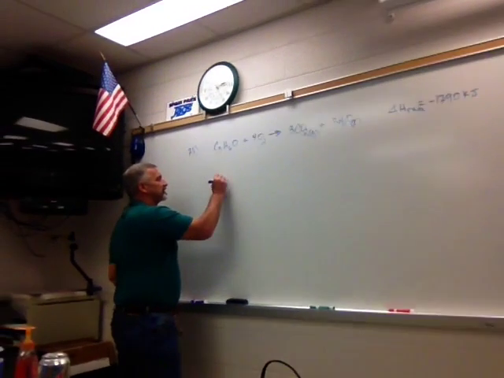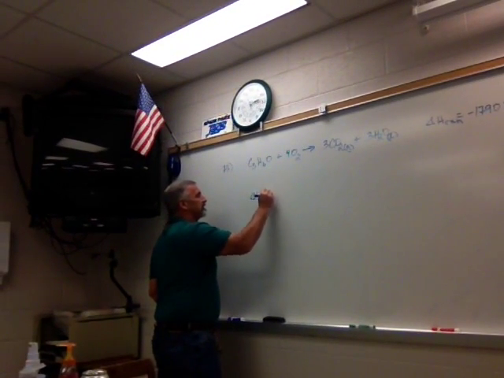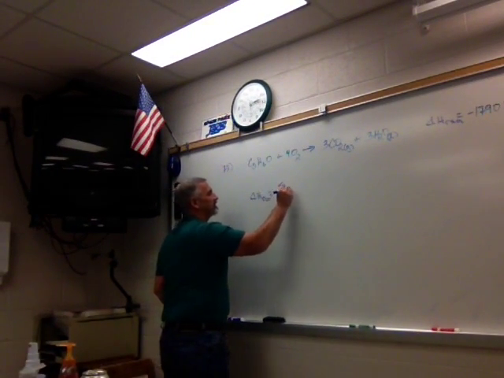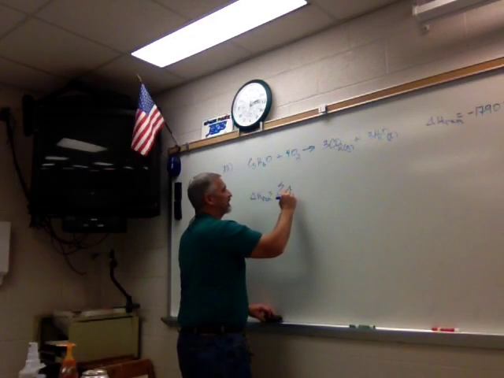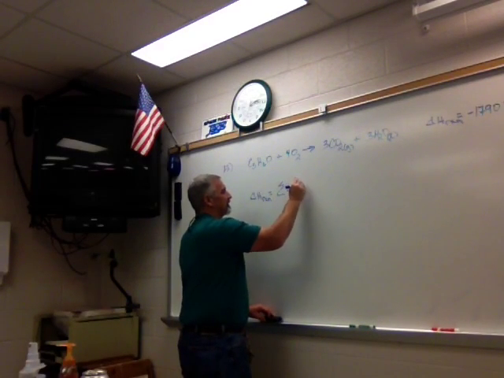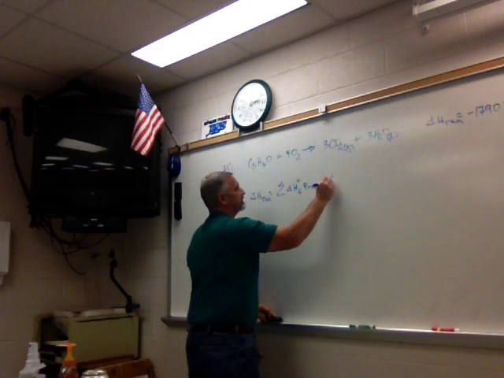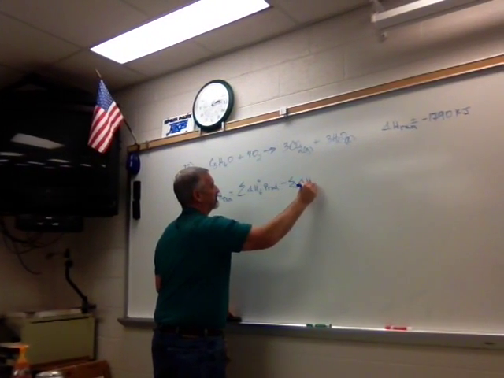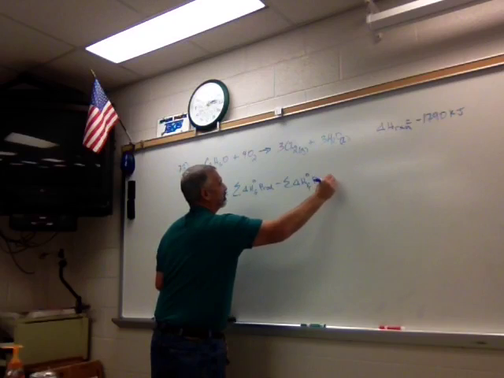Because remember, delta H of the reaction is going to equal the sum of my delta H of formation of products minus the sum of delta H of formation of reactants. Okay?